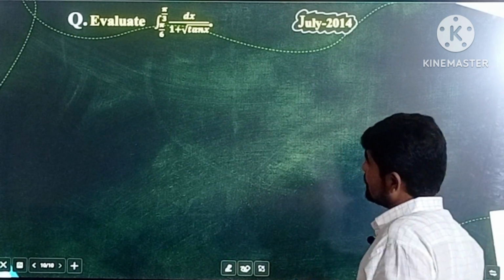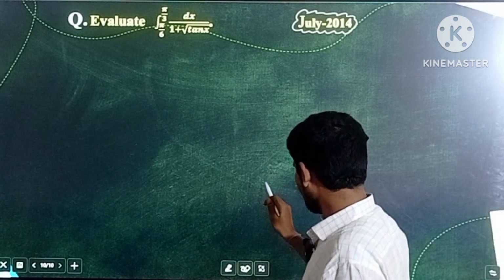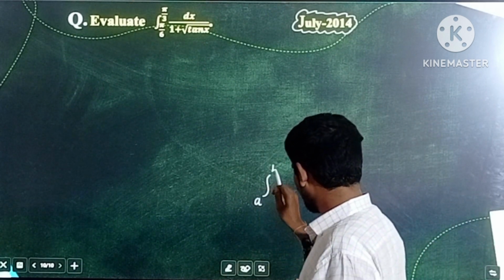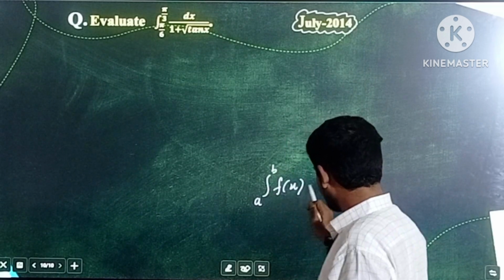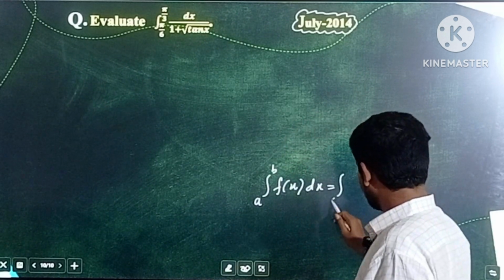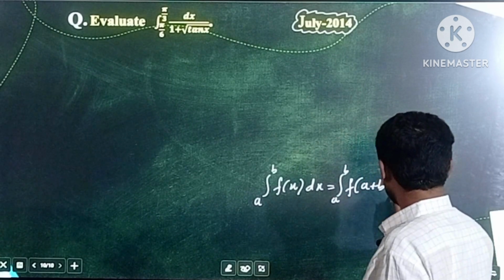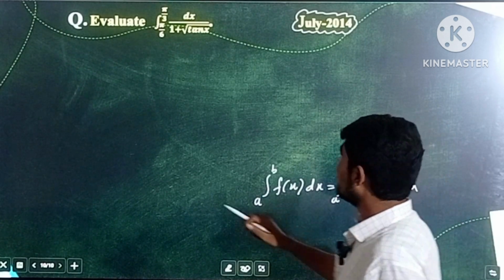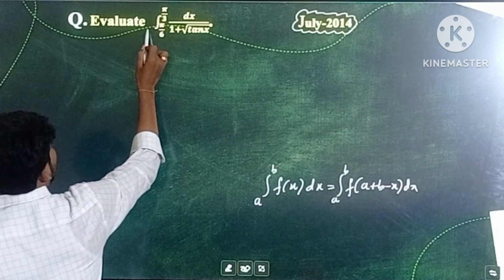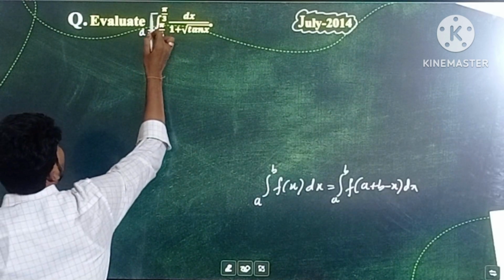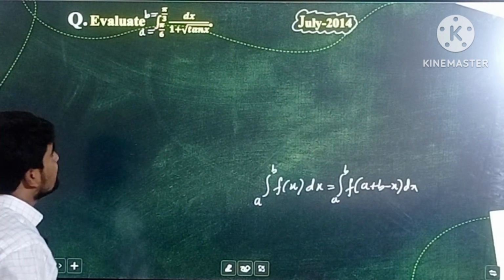Here this problem is going to be solved by using the property integration from a to b f(x) dx is equal to integration from a to b f of a plus b minus x dx, where a is equal to pi by 6 and b is equal to pi by 3.